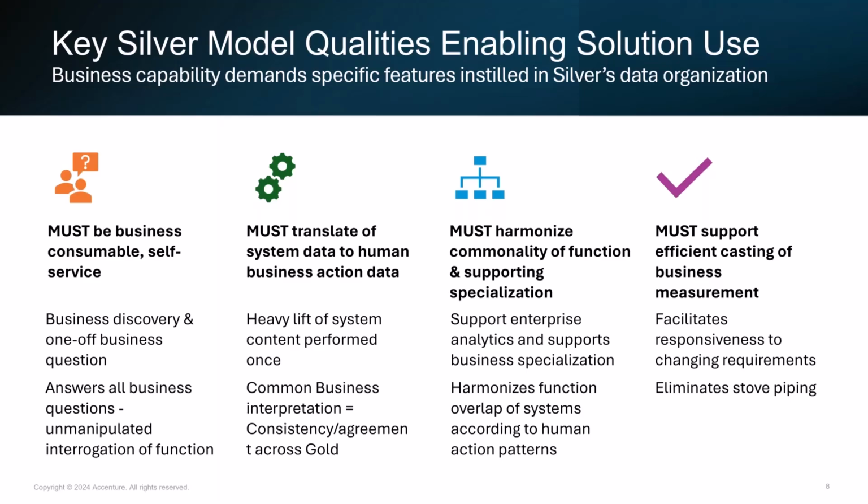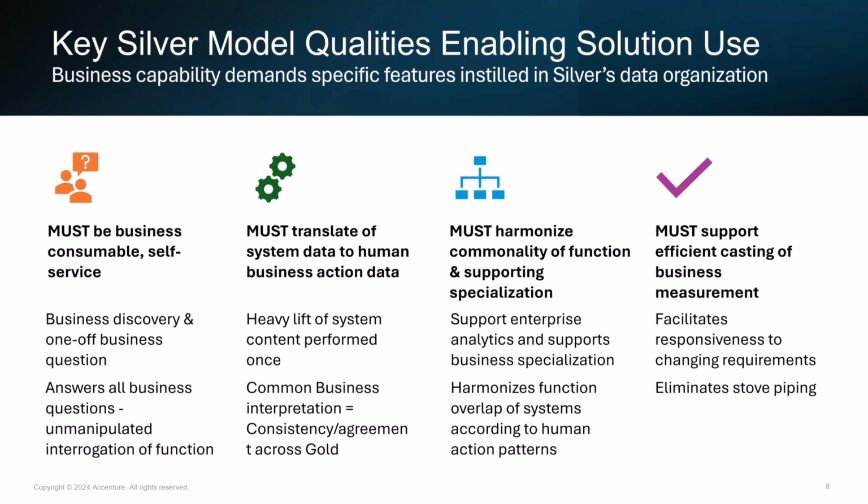The human action pattern is also the basis of data harmonization for functionally overlapping systems, since these systems automate those human actions. So the human action is present. It just has to be liberated from the system by transformation.